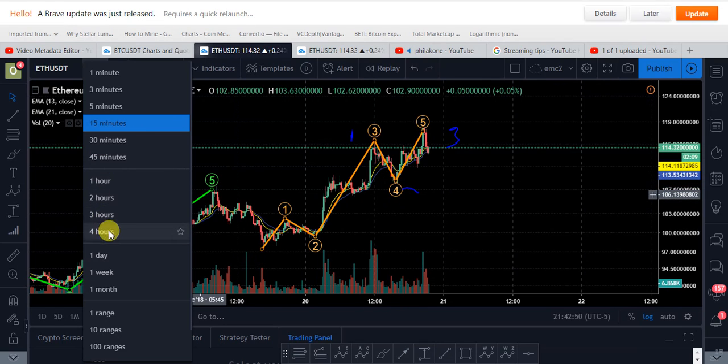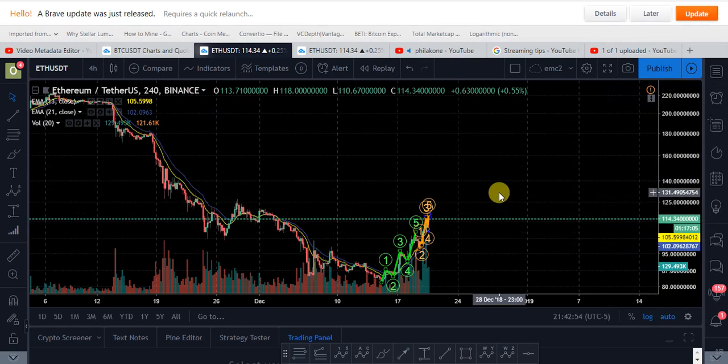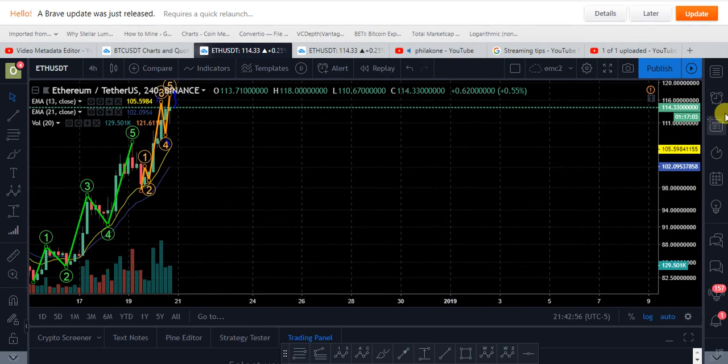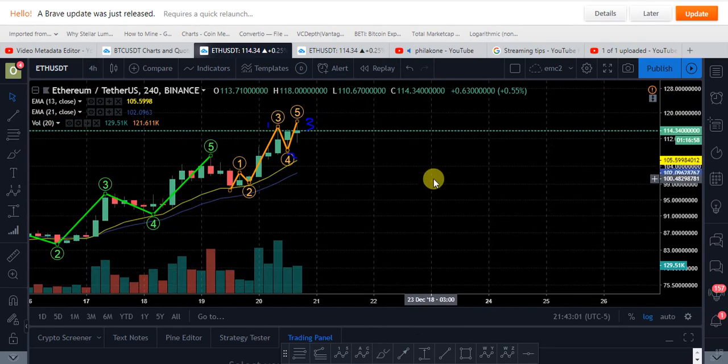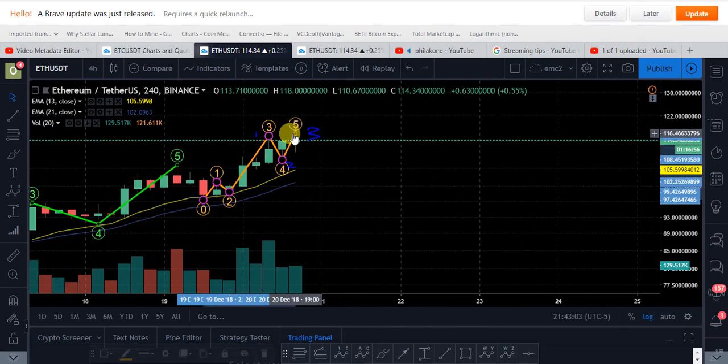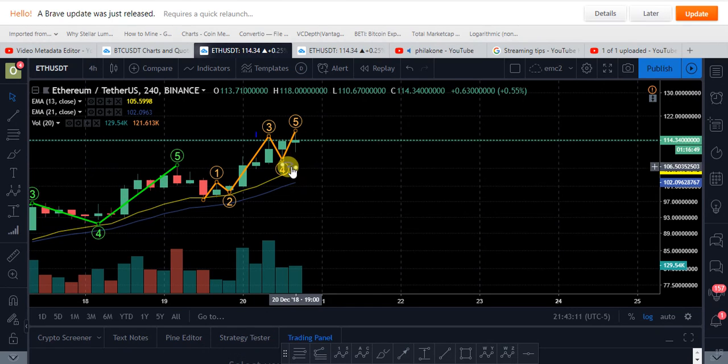So let's go back and take a look at this 4-hour chart. And remember, this is the most aggressive way of trading Ethereum right now. So you could be waiting for a pullback, at least a 10 to 15% pullback. Wait till the market is bloody again.